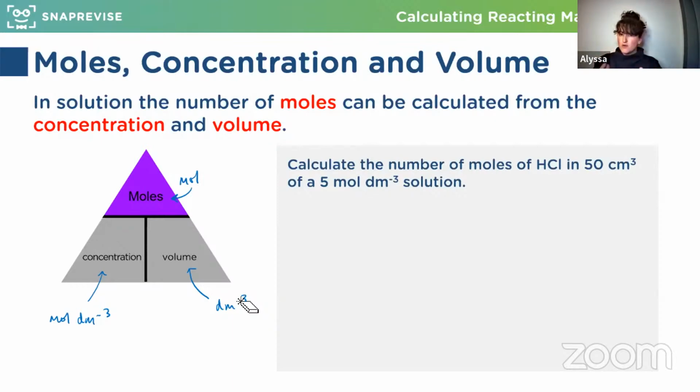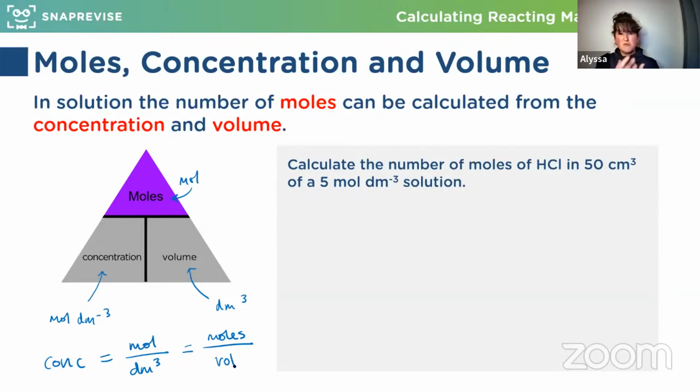If ever you're not sure though, I think it's really useful to use concentration to work out what your equation is, because concentration is moles per decimeter cubed. So if we think about what that means, the number of moles over the volume. So we've got our equation there, concentration is equal to moles over volume, which is correct.